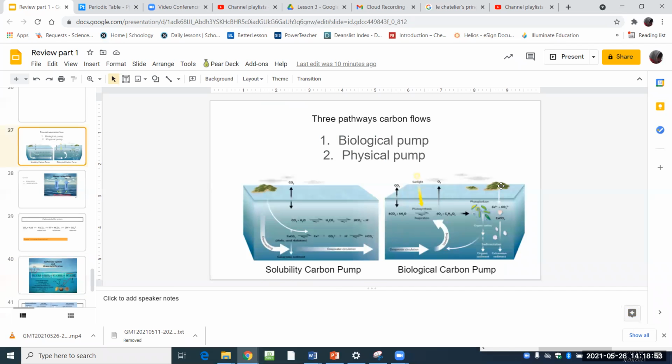Well, it so happens it comes from limestone. So when rocks and hills made out of limestone weather, when they get eroded, eventually they'll wash into the ocean. I don't know if you guys remember, I mentioned this long time ago.